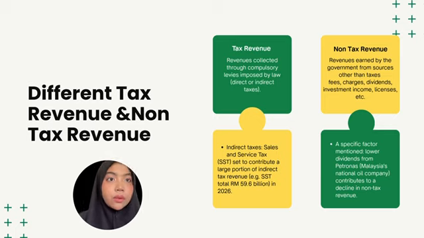Non-tax revenue is revenue earned by the government from sources other than tax, which is fees, charges, and fines. So for example, in the Malaysia budget, dividends from Petronas, Malaysia's national oil company, contribute to non-tax revenue.